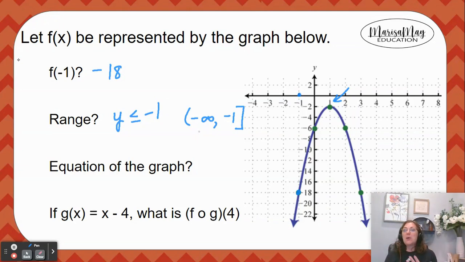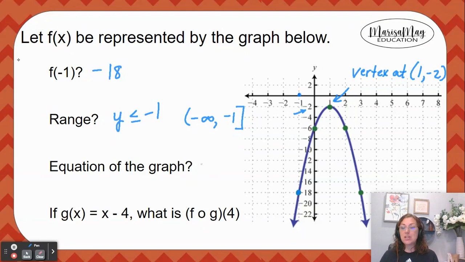Then we want an equation for this graph. Well, the beauty of this is that it is a quadratic. So I know it's going to be a parabola, an x to the second kind of pattern. I also know with this high point that that is called the vertex. And so our vertex is at 1, -2 right here. Notice the axis go by twos there.